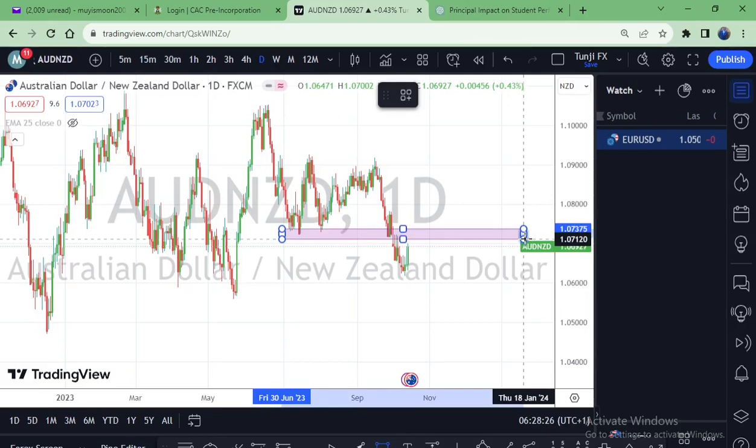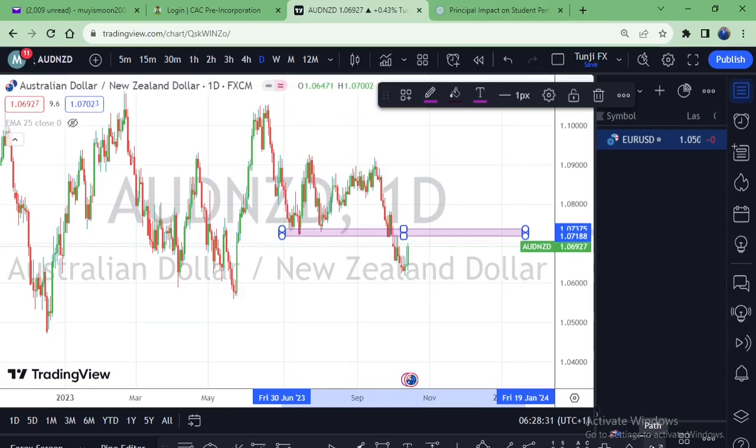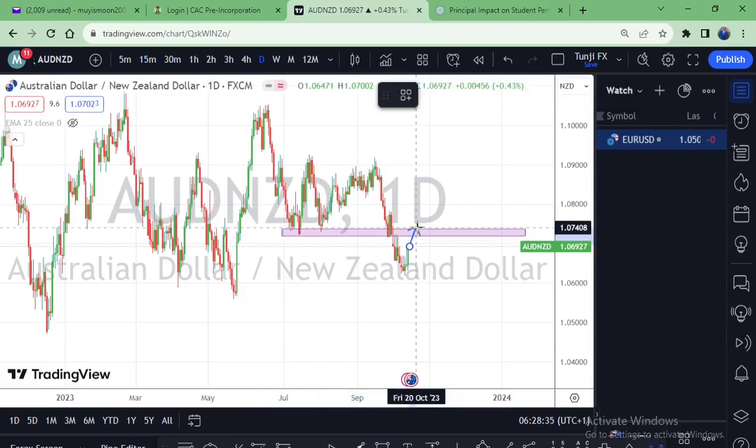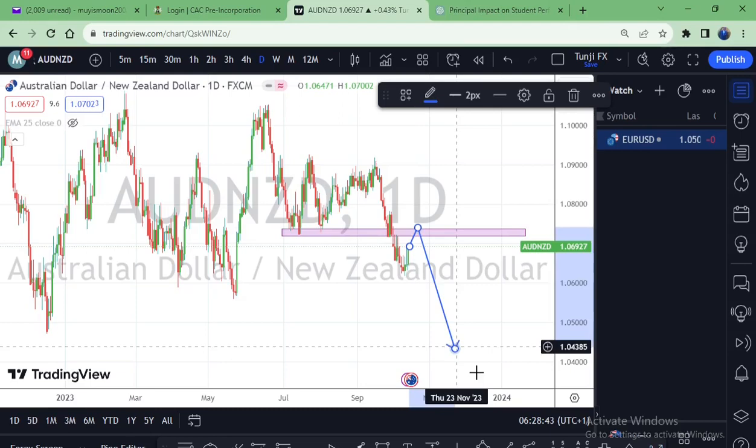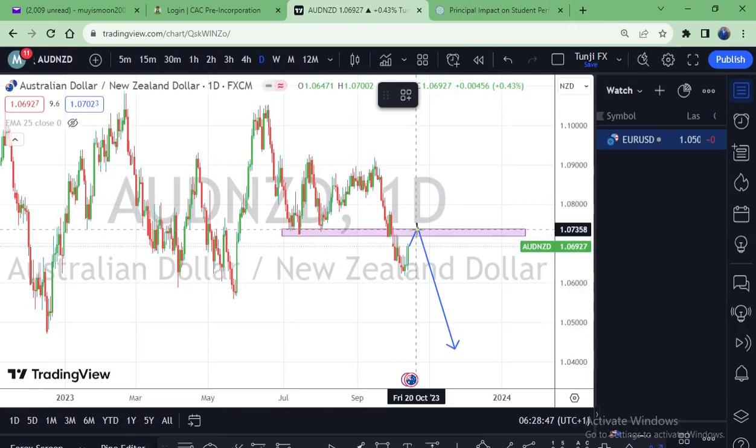We're expecting that the market could test this area and break down. That's one scenario. Another scenario could be that the market could just break out. So it means there is a break of structure.